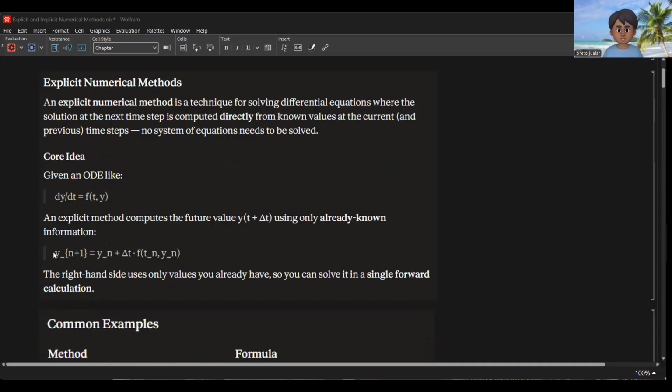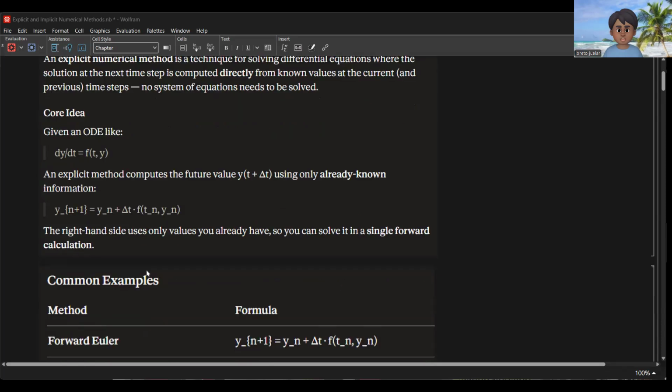For example, y_{n+1} = y_n + Δt · f(t_n, y_n). The right-hand side uses only values you already have, so you can solve it in a single forward calculation.